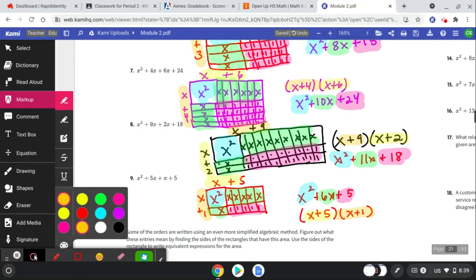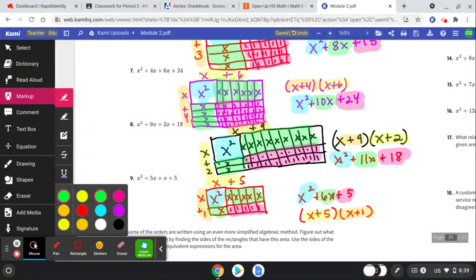Okay. Are you getting good at these diagrams yet?